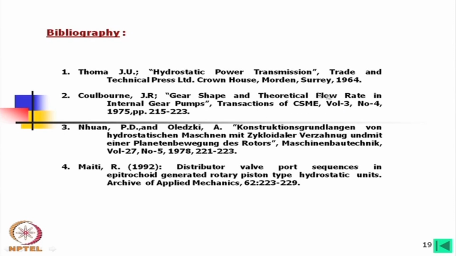Also, Colbourne derived such a displacement formula for fixed axis, and Thoma, I have used how the phase is changed and other things. So, you can read this book also, but if you would like to know about phase differences and volume change etc., you can read this paper.